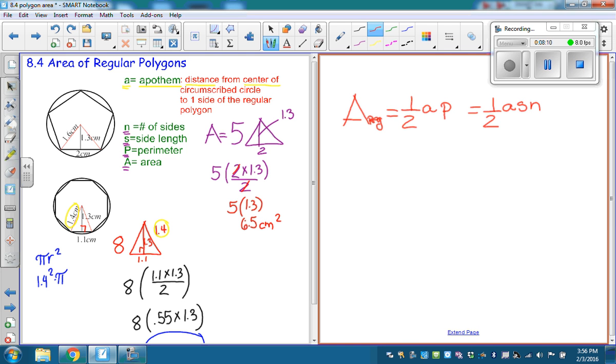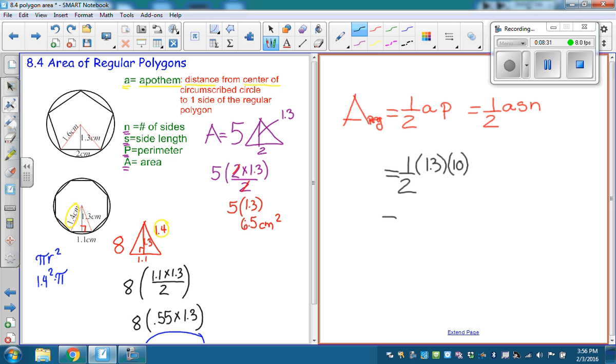And if you look at the first pentagon over there and we follow the rule, it works. 1/2 times the apothem, which is 1.3, times the perimeter, which is 10, because there's 5 sides.